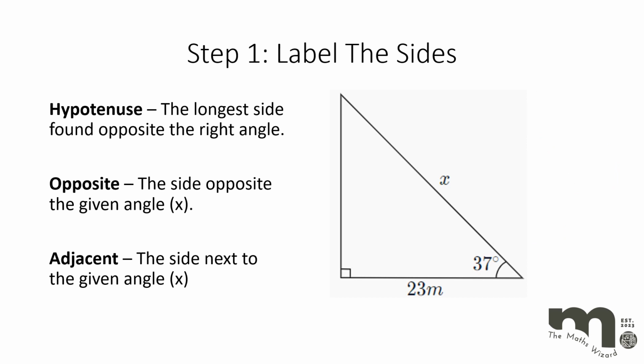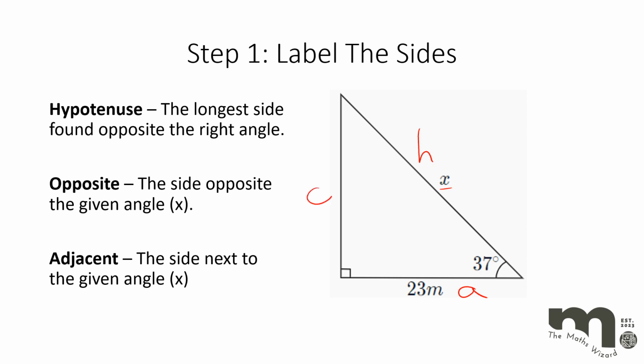So let's take a look at this with a worked example here. The hypotenuse is this side, labelled X, so that's an important side within this question. The other side we're given here is the adjacent, which is that 23 meters. So that's one of the sides that we know the length of already.